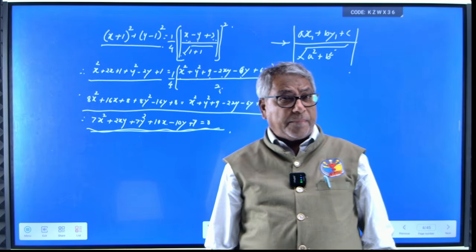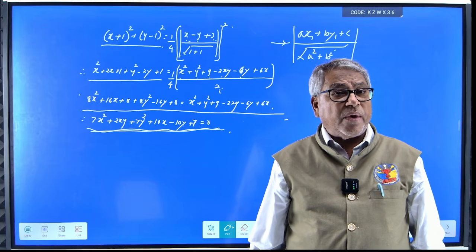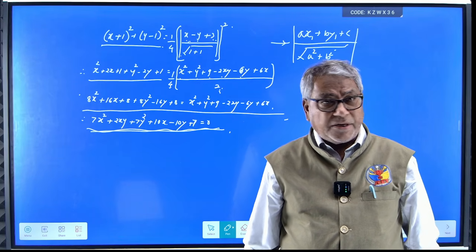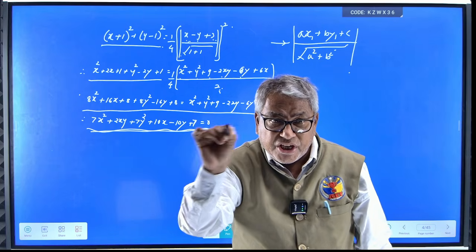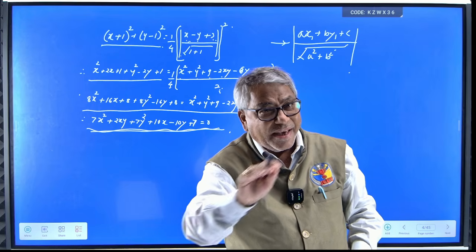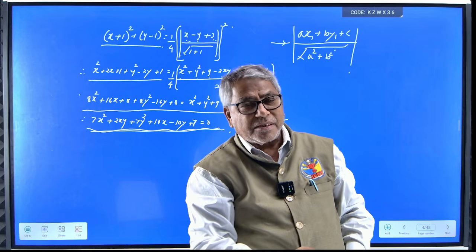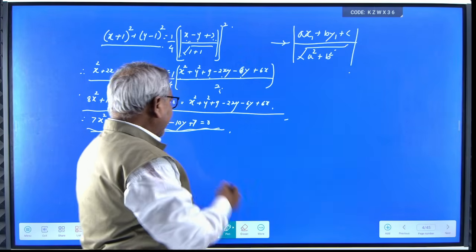Obviously, its discriminant delta is not equal to 0, where delta is the determinant of AHG, HBF, GFC, and H square minus AB must be greater than 0, right? Correct?